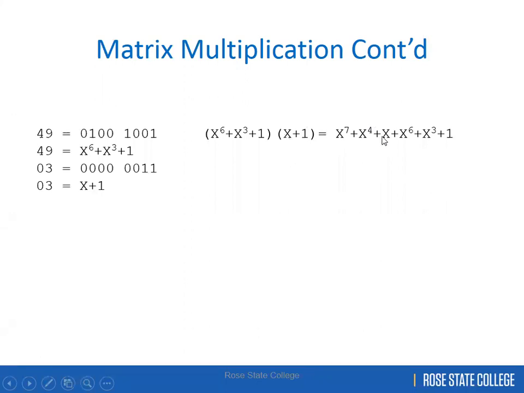Then we also have to add again x to the 6th, because x to the 6th times 1 is x to the 6th. So we add again x to the 6th, x to the 3rd, and x to the 1st. Then we can put them all back in order and we end up with 1, 1, 0, 1, 1, 0, 1, 1, because you convert it back to binary and it ends up being DB.